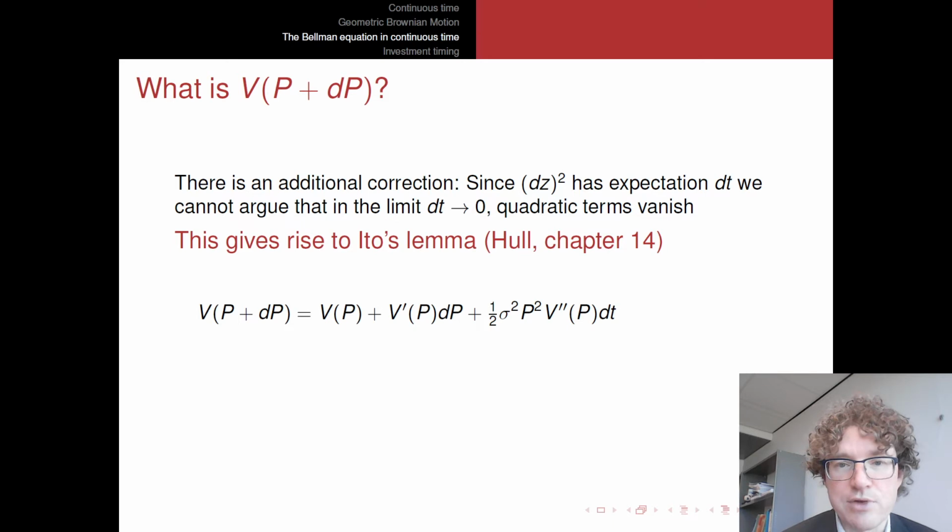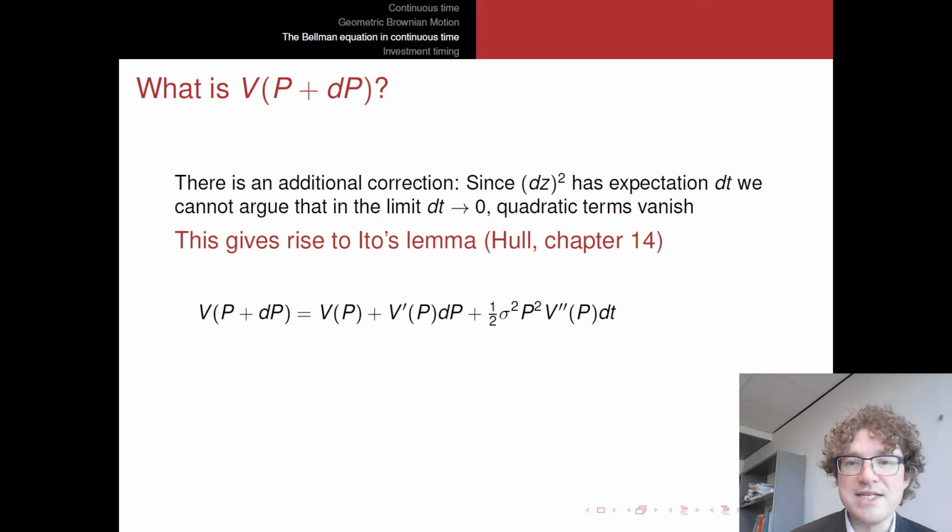So let's have a look at that. What does that have to do with this equation? Well, there's going to be some correction. And the correction is this dz squared. So you remember that dz itself is Gaussian, it's normally distributed, and we know actually that the variance of dz itself is finite. It's sigma squared times dt.